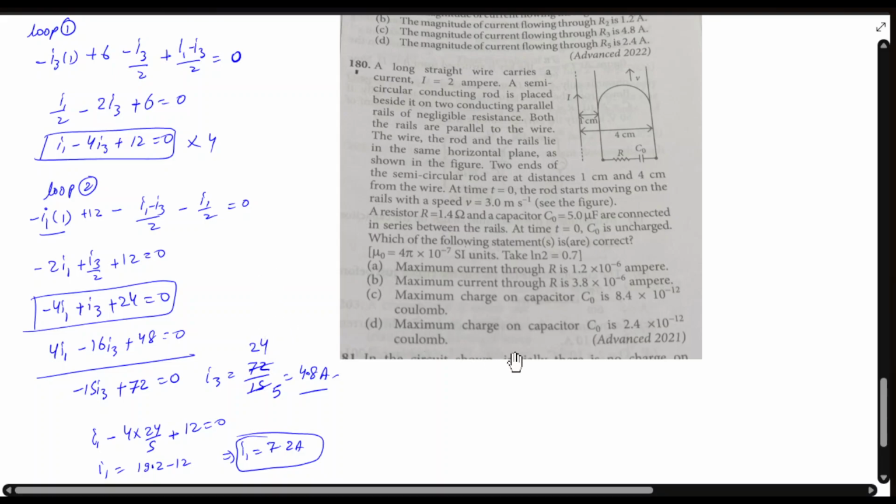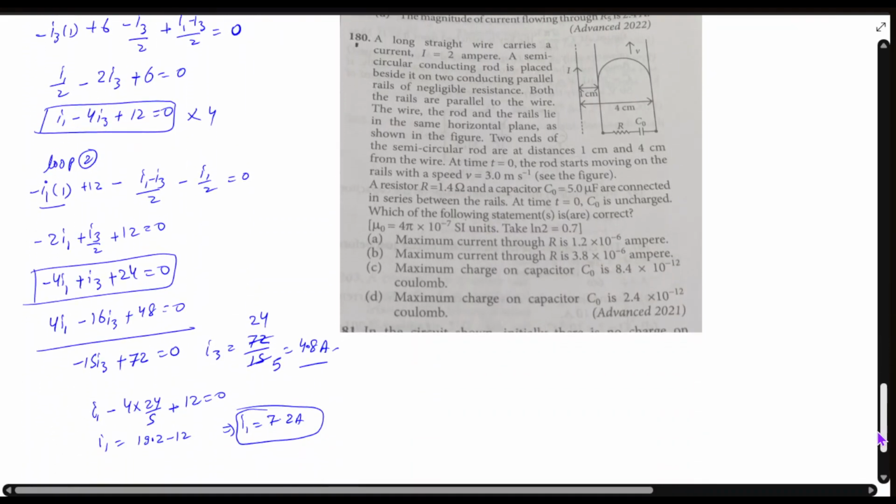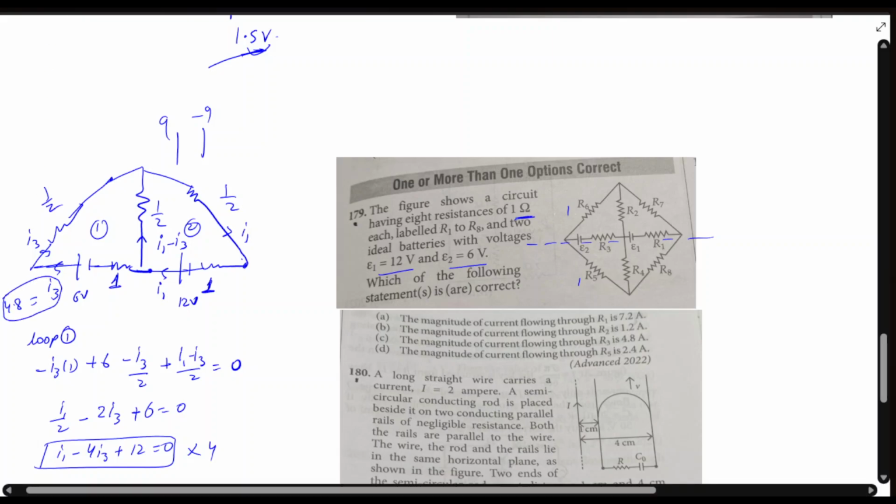So look, I3 was 4.8. So this is 4.8. Okay. Let me write it with the front one. And I1 is 7.2. Okay. Perfect.